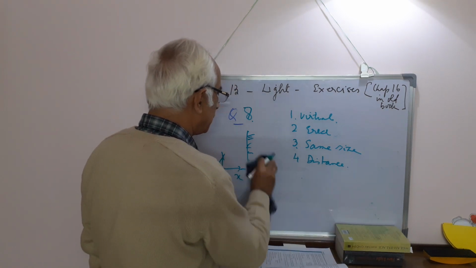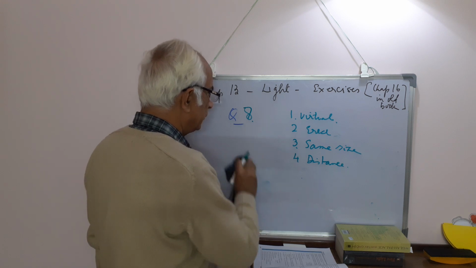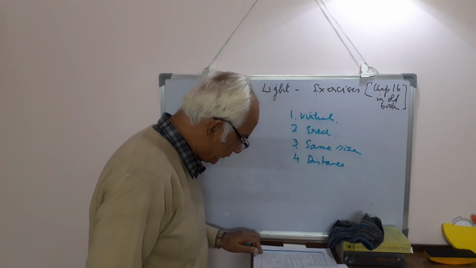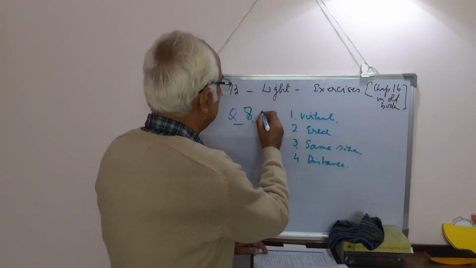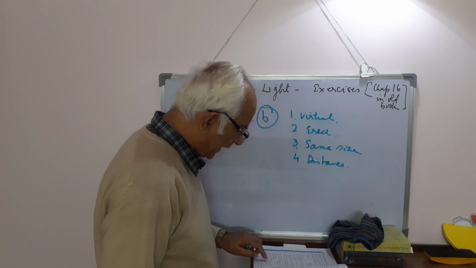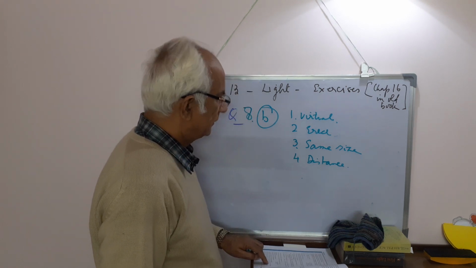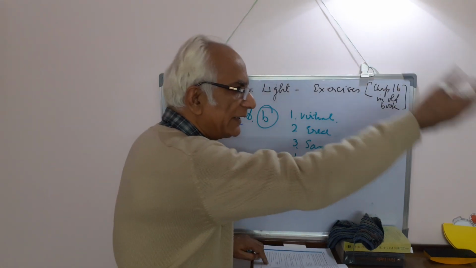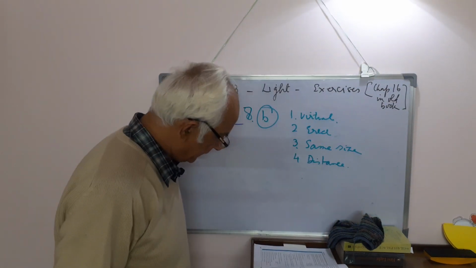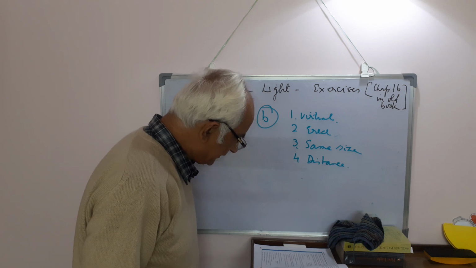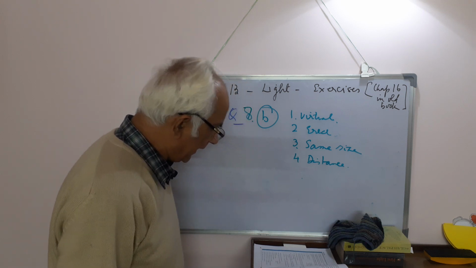So these are the four properties of a virtual image formed in a plane mirror. So you have to pick up the correct option. The correct option is B. Answer is B. Virtual, behind the mirror and same size. We see ourselves inside the mirror. ठीक है? So this is question number 8.